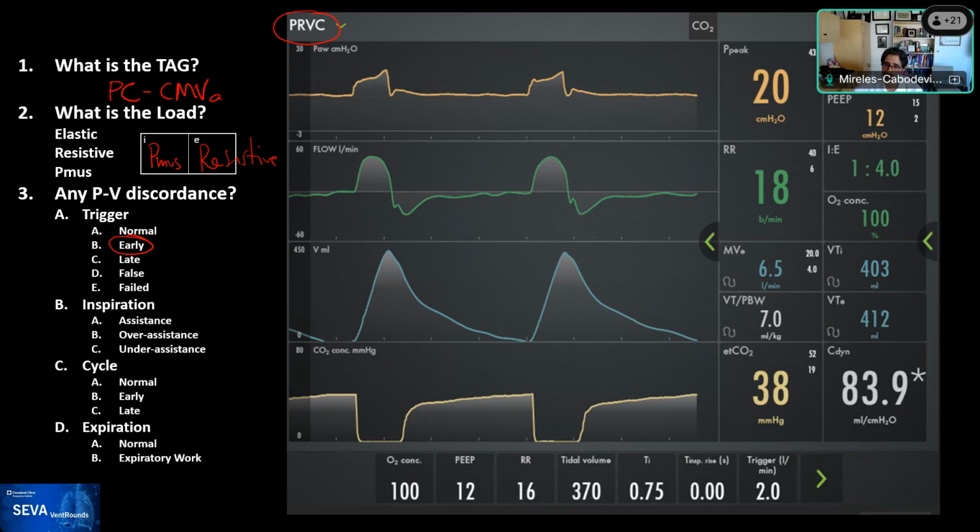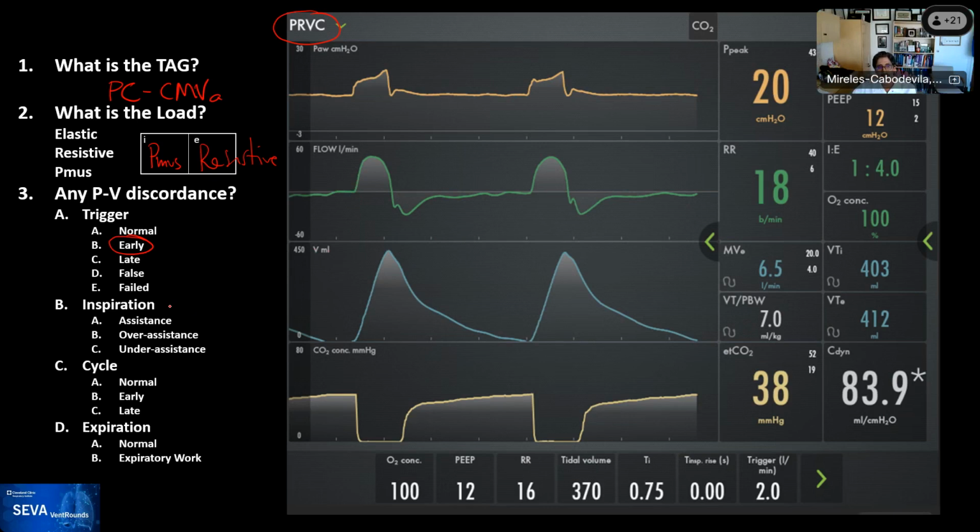So it's important for us to just recognize that this is an early trigger. But it's the most beautiful early trigger that I have seen, because it's practically undetectable. The only reason we know it is because it happened through a mandatory breath.